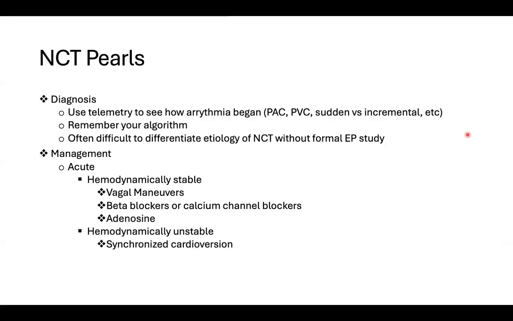For our patients who are hemodynamically unstable, we provide synchronized cardioversion. And long-term for these patients, getting them to an EP mapping study and considering ablation, depending on the underlying etiology identified, can be helpful as well.